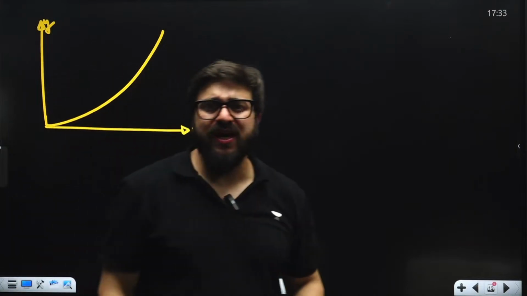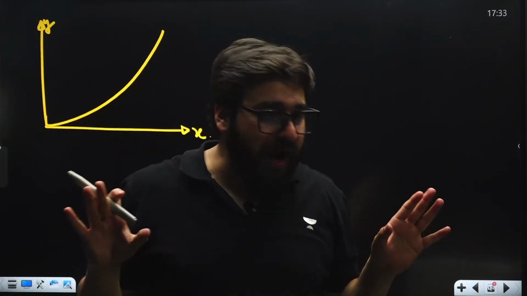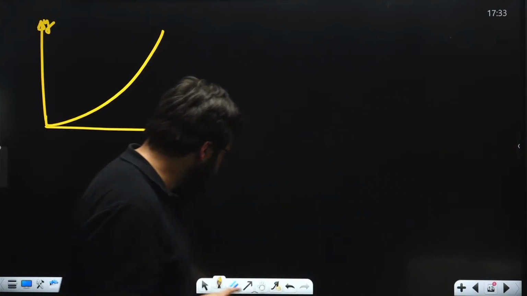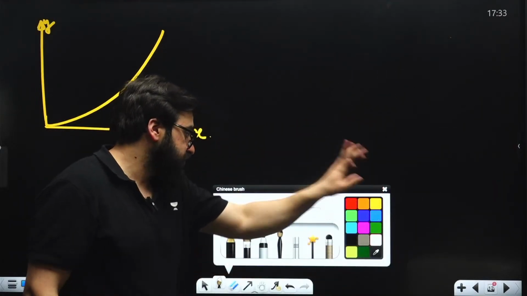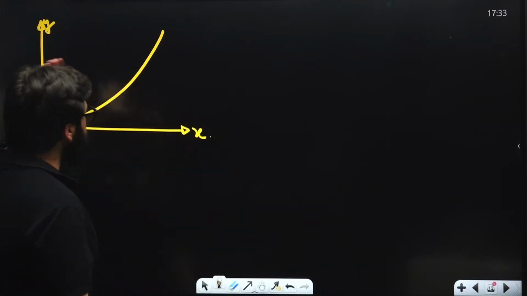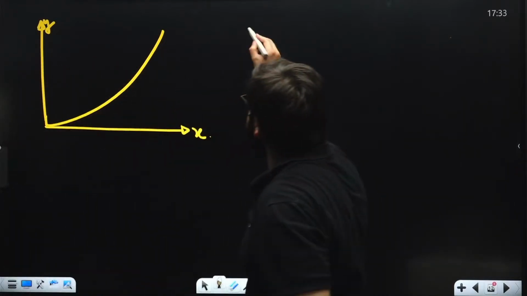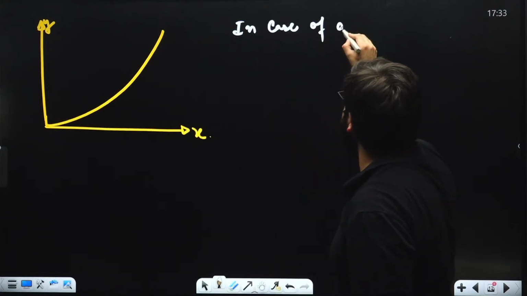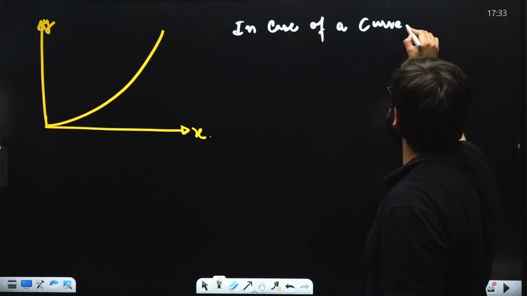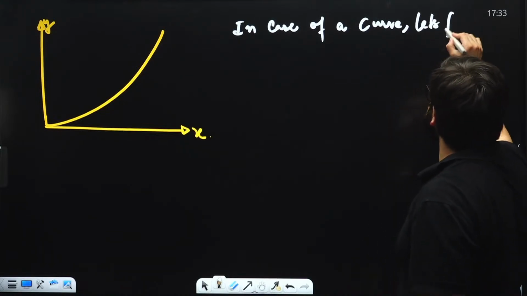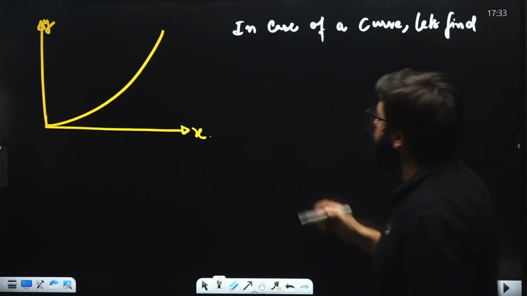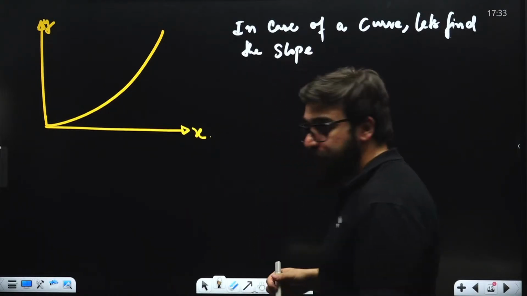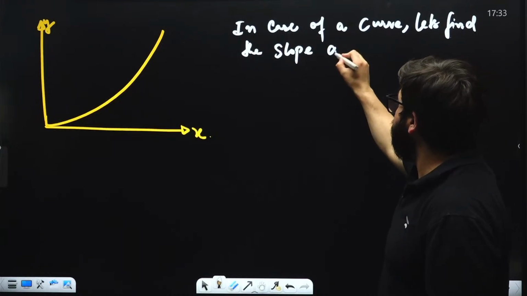In case of a straight line, you already calculated how to find the slope. Now, when it comes to the curve, let's find the slope at a point.